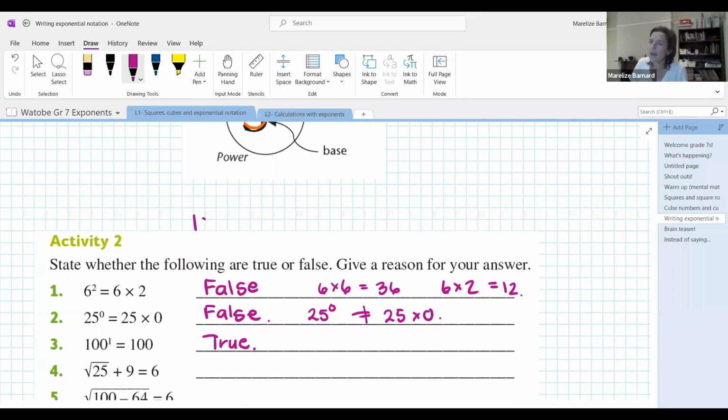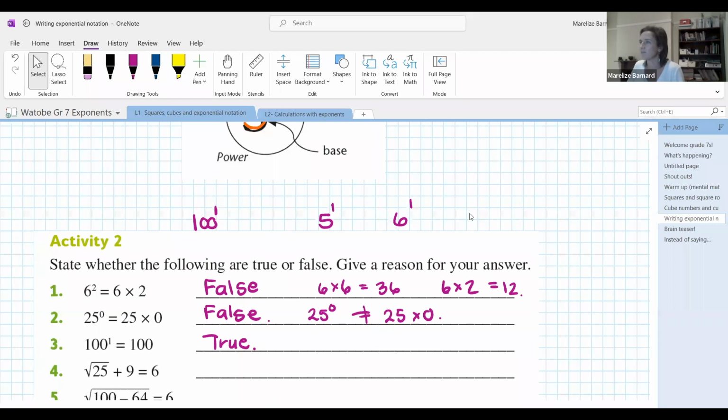If you have something that is just on its own, so say we have 100, then its power is 1. So 100 just on its own is 100 to the power of 1. So 5, even though it's not written there, it is 5 to the power of 1. And 6 is to the power of 1 if it's just 6. Okay.